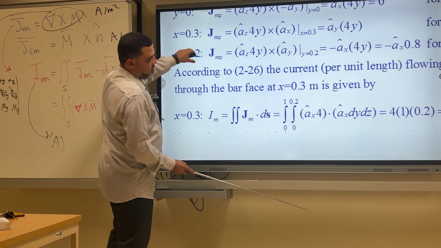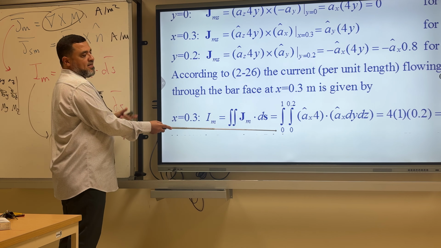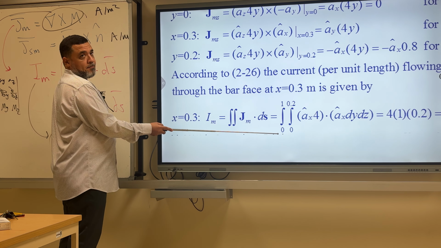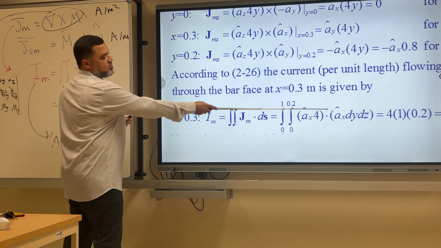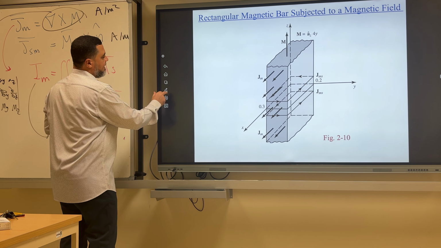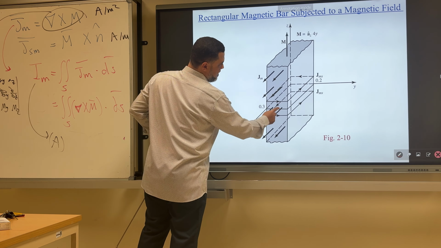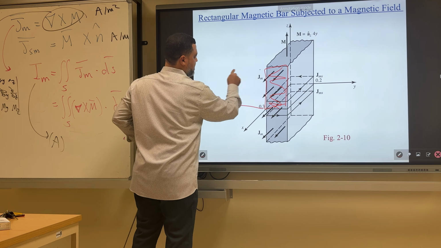So the limits along z here are from 0 to 1, which is like 1 meter of the surface, and the limits of y is 0.2. So as if we are calculating the surface current on this surface here. So this is like 1 meter.